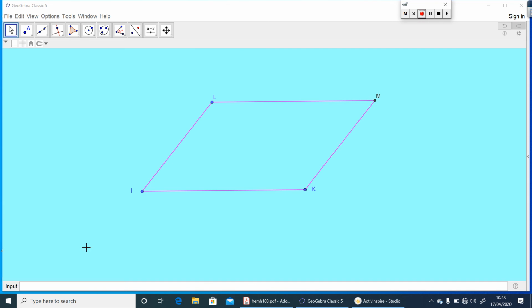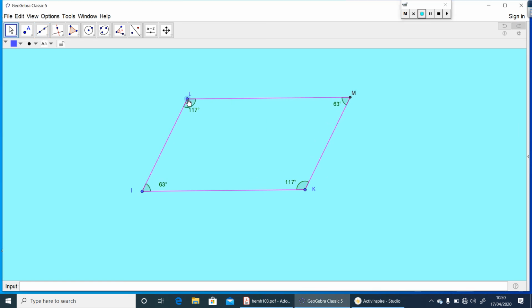Now here IKML is a parallelogram. Now let me measure its angles. Hope you remember the properties. That is, opposite angles are equal, adjacent angles are supplementary. Now let me change these angles, so the shape also changes.